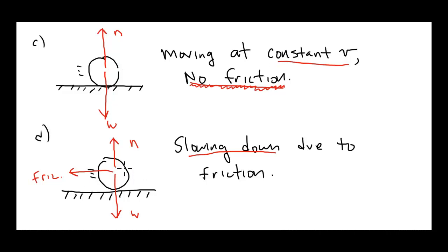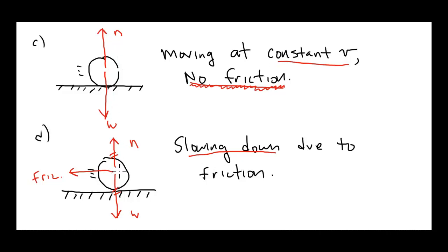It doesn't look like there's anything pushing it forward, so I might not put an arrow there. This picture is sufficient as I've drawn it, right? These two are going to cancel out, and then the net force is the friction force. It's acting backwards, and so there is a net force now, and we've got slowing down, right? If there's a net force, there should be acceleration, and that seems to be what we've got here. So it's all well and good.